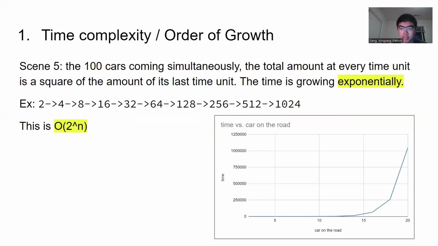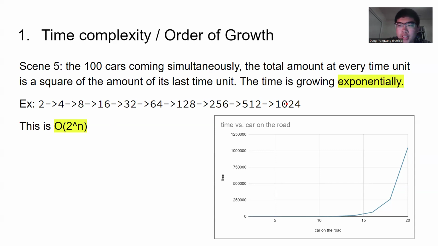Okay, so next one, the last one, is exponential. For exponential, it is increasing the most dramatically. Let's say start from 2, and this is 2 to the first power, and then 2 to the second power, and then 2 to the third, fourth, fifth, all the way to 10th.